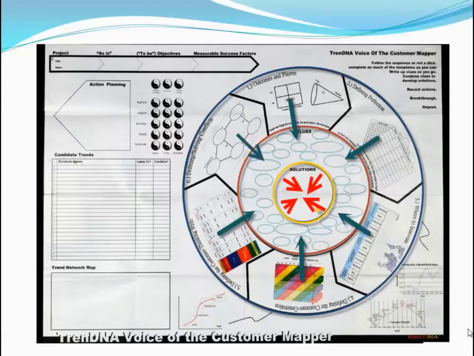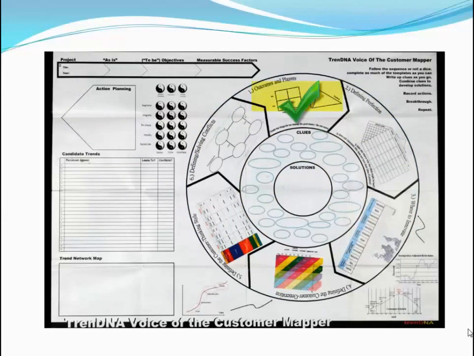The application of thought follows this three concentric circles approach. Discussion of specific activities in the first circle sees ideas converted to clues in the second circle, which finally refine to solutions in the inner circle. Let us get to the details of the outer circle, which has 6 main activities. And the first is outcomes and players.